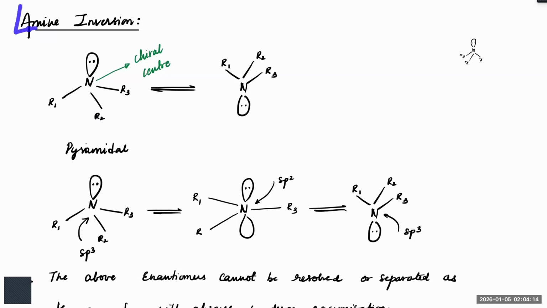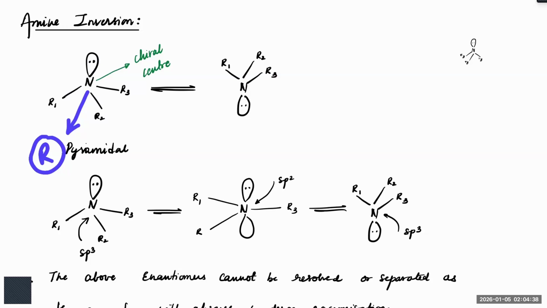Sorry, check out amine inversion here. In this case, this nitrogen has three different groups and a lone pair, and that is also counted as a chiral center, right? Now the chiral center problem here is, suppose you expect that this is some R configured, correct?